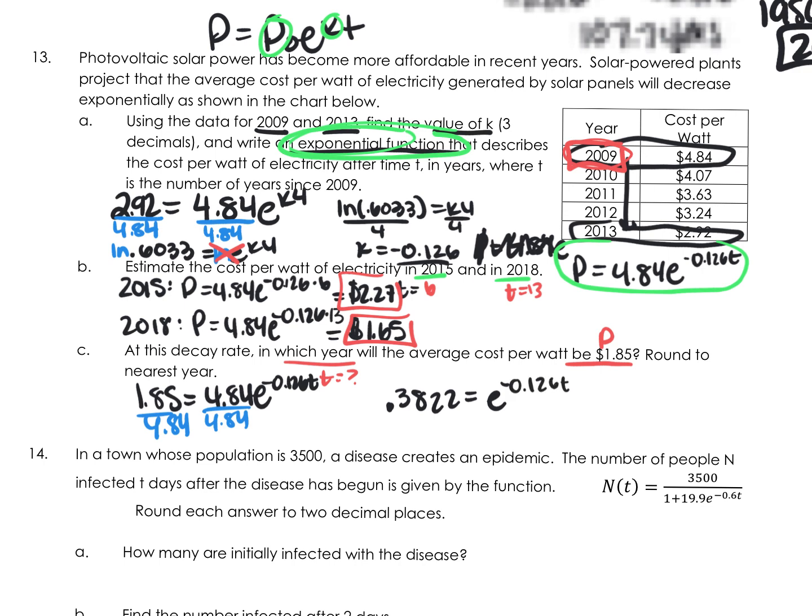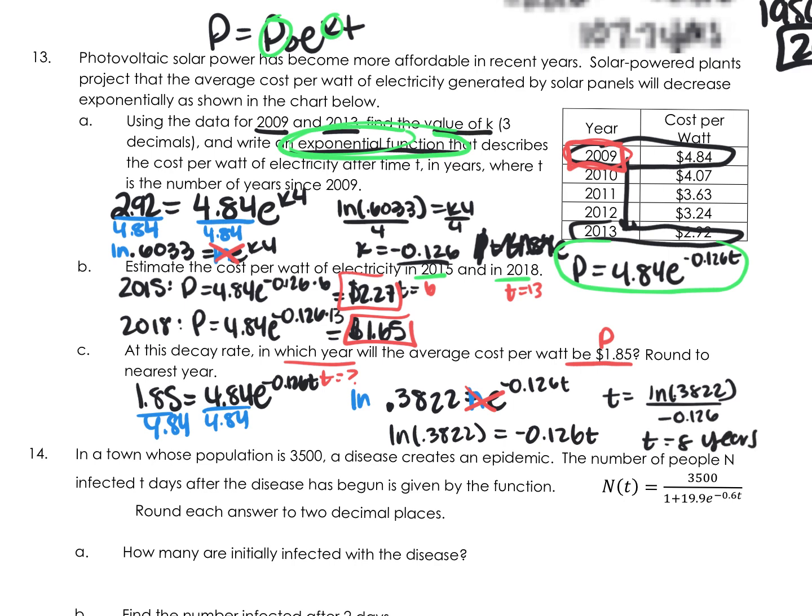Then we'll ln both sides, so the ln cancels out with the e. We'll have ln of 0.3822 is equal to negative 0.126t. Then we'll divide both sides by negative 0.126, so t is equal to ln of 0.3822 divided by negative 0.126. So t should be 8 years, because it says round to the nearest year.